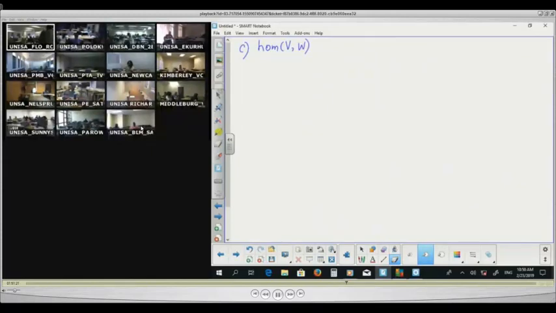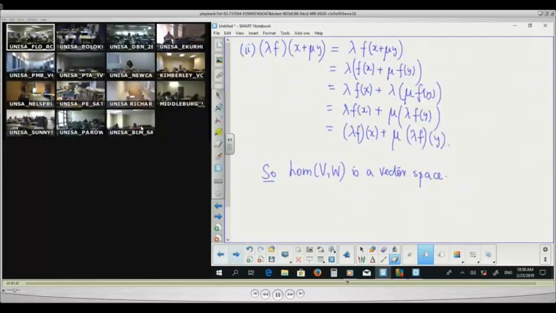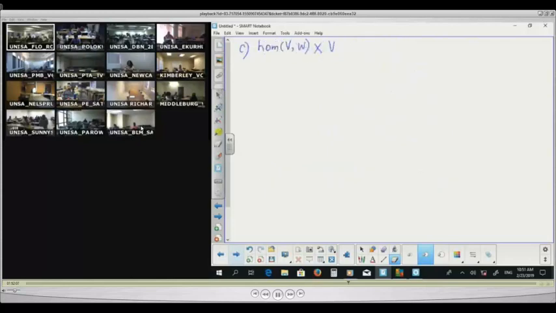So Hom from V to W is a vector space. So if I have two vector spaces P and Q, the product is also a vector space, right? So I have this to be a vector space.